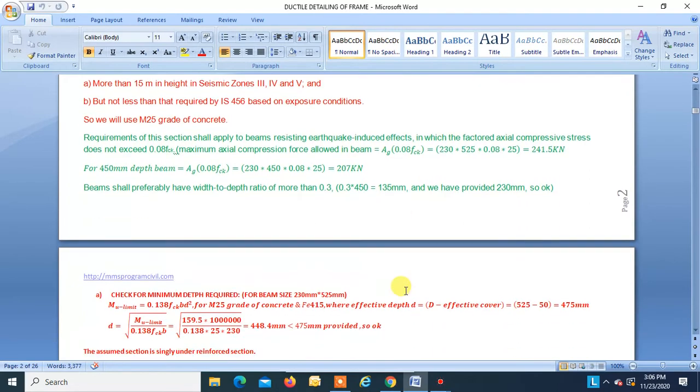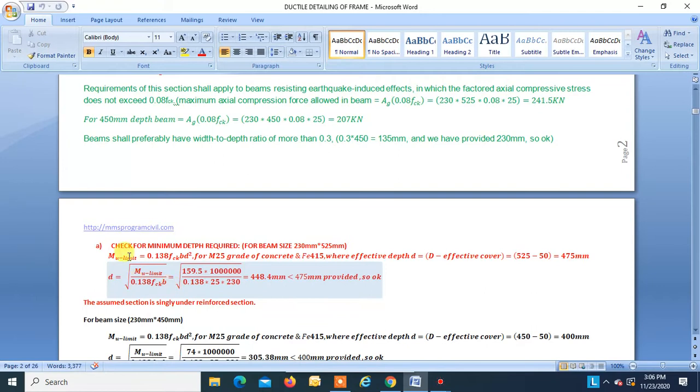Now coming to the check for the minimum depth required. For beam 230 by 525 mm, we know Mu limit is equal to 0.138 fck b d squared for M25 grade of concrete and Fe415 steel. Our effective depth is capital D minus effective cover, that is 525 minus 50, that is 475.